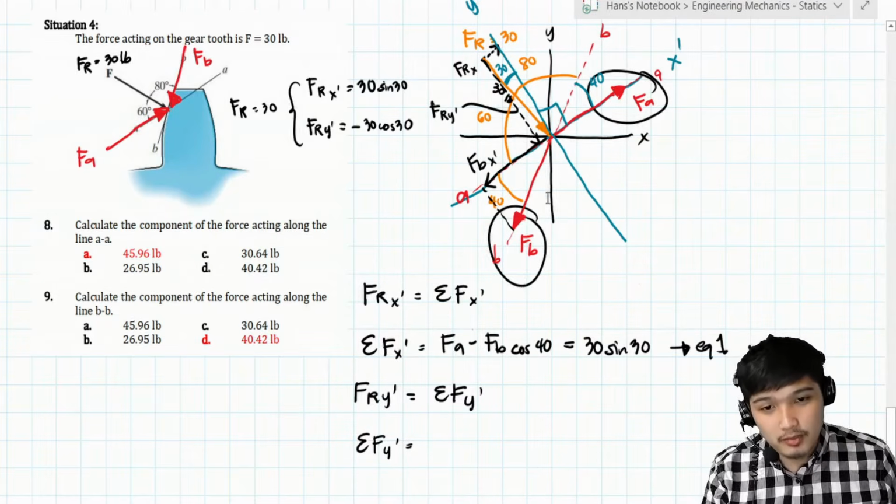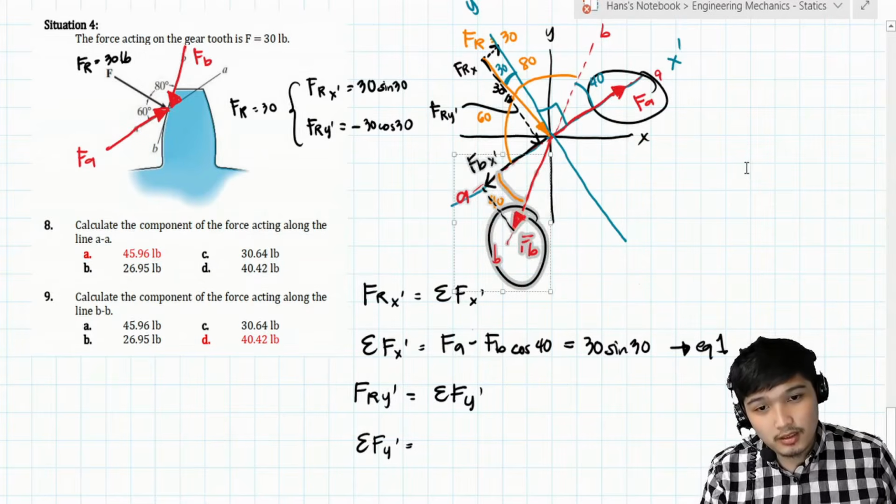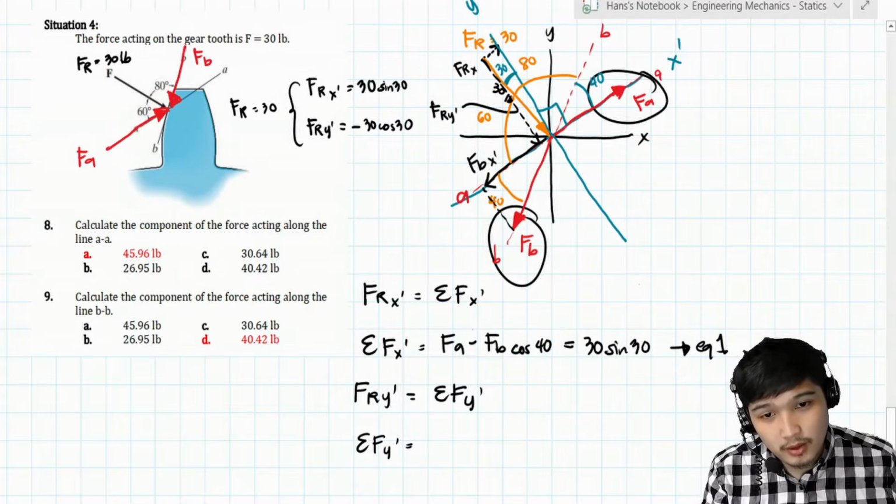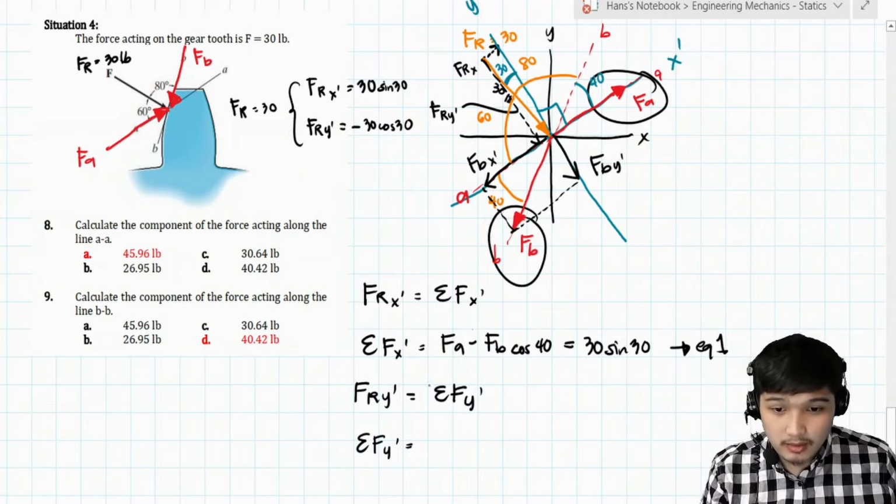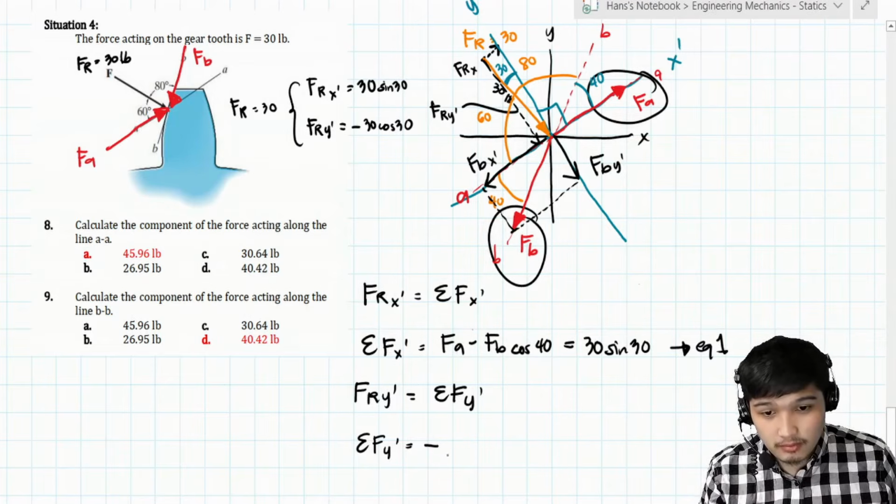And then FB, looking at the figure, has a vertical component pointing downward. This is FB y prime, downward, so it is negative.